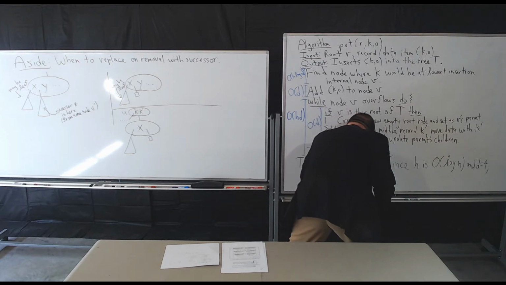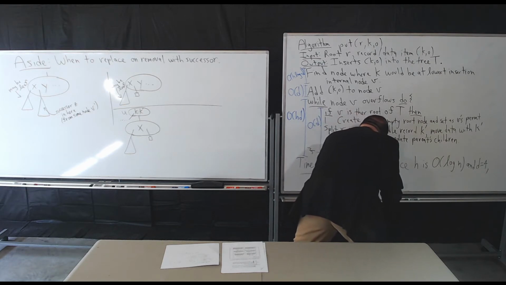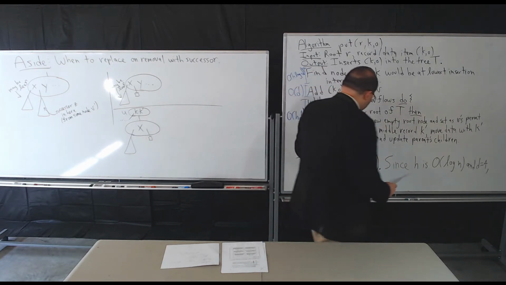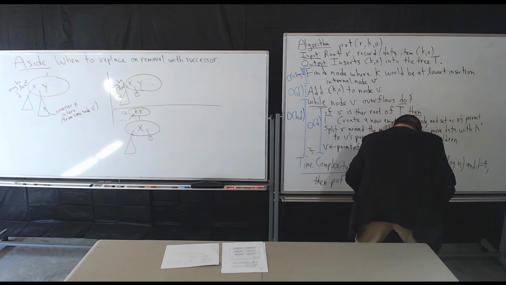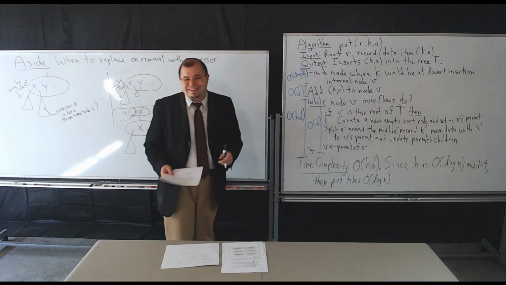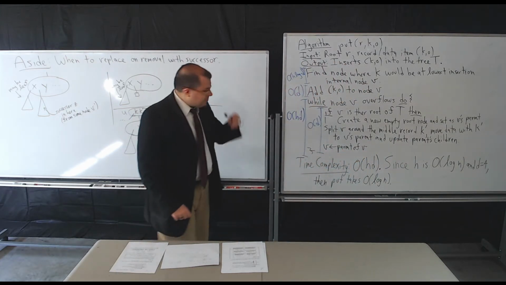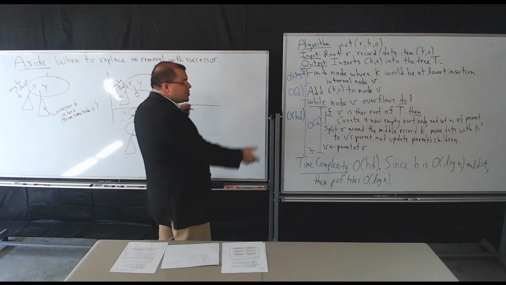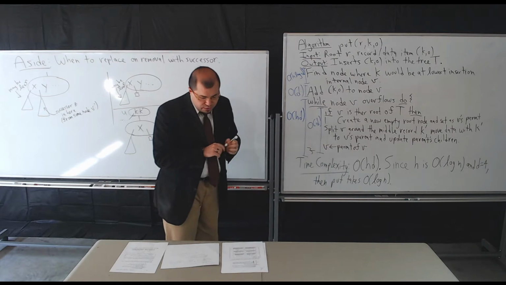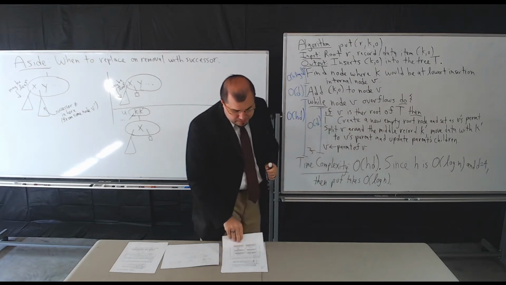Then put takes big O of what? If I could just put h and d in, I have them right here. It's going to take big O of log n, because d is a constant, and h is big O of log n. So insertions are efficient on this tree. So for the 2-4 trees, it's rather straightforward.